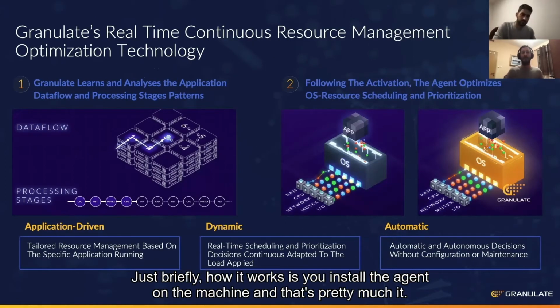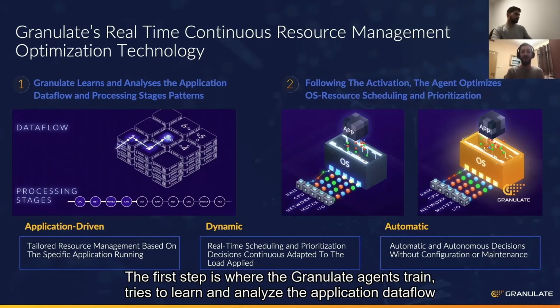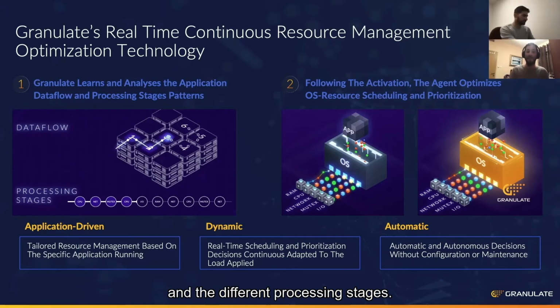Briefly, how it works is you install the agent on the machine, and that's pretty much it. From that on, the agent starts in two major steps. The first step is where the Granulate agent tries to learn and analyze the application data flow and the different processing stages patterns.